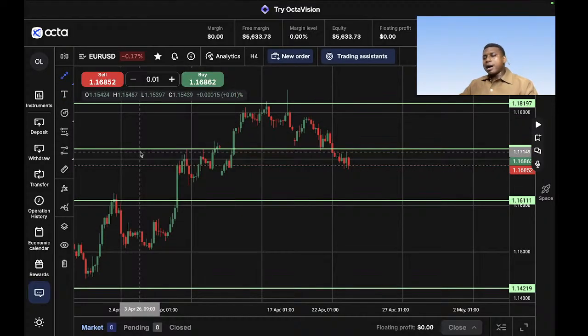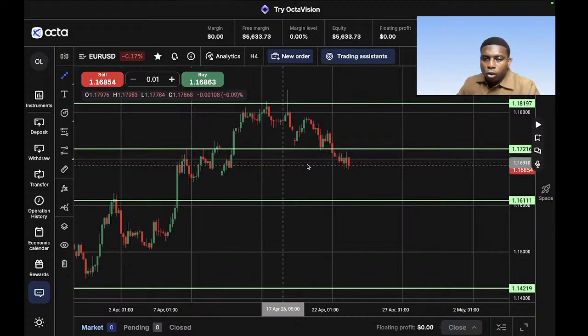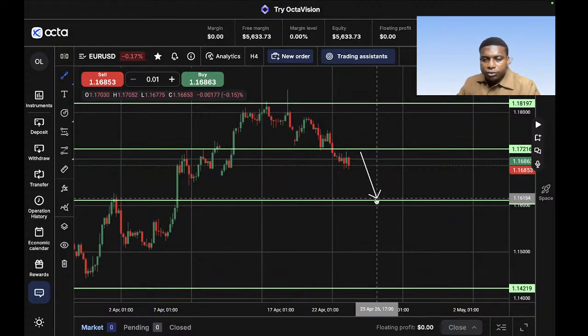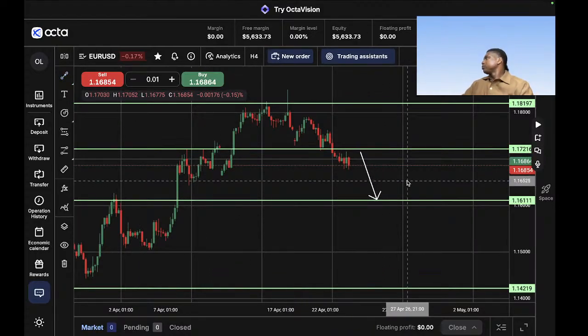What do you see? I want you guys to tell me what you see here. What do you think price will do at this point? I'm waiting for someone to tell me.